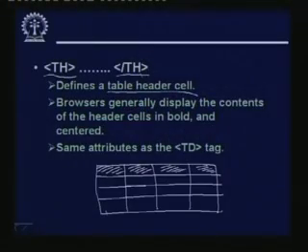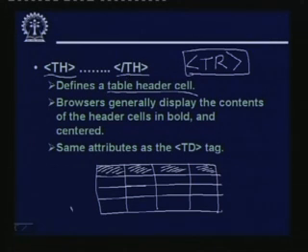Now, this tag TH is very similar to the TR tag. It is similar to TR in the sense that TR identifies the beginning and ending of a row. This also does the same, but this is for a special row, the heading row or the header row, the first row of the table.